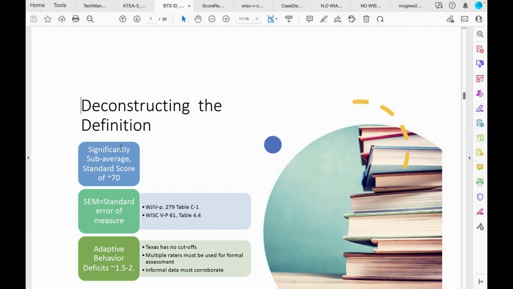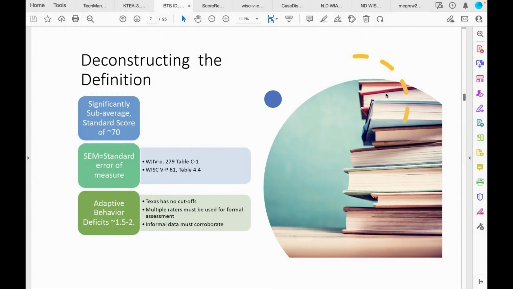All right, let's deconstruct the definition just a little bit, demystify some of this. I'm going to really talk more about the testing aspects of ID and SLD, but I'm going to discuss a little adaptive behavior. But in the definition, it talks about the standard error of measurement. Well, what is that?